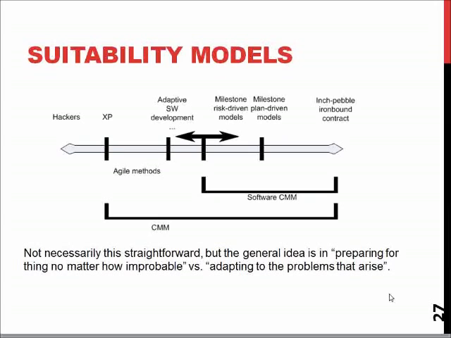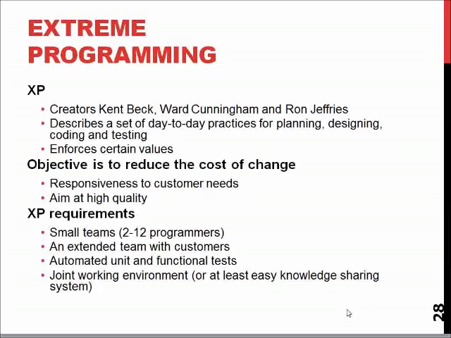So anyway, to go into the first model, extreme programming was developed by Kent Beck, Ward Cunningham and Ron Jeffries. Kent Beck is also the developer of another agile approach, test-driven development, which is a more refined way of building software systems where you establish your software quality with unit tests when you have the source code done.